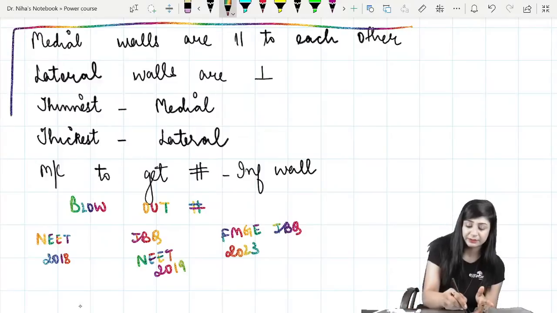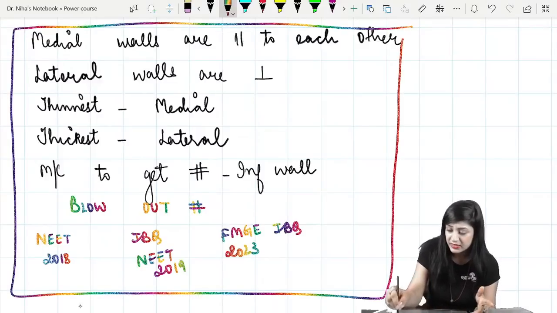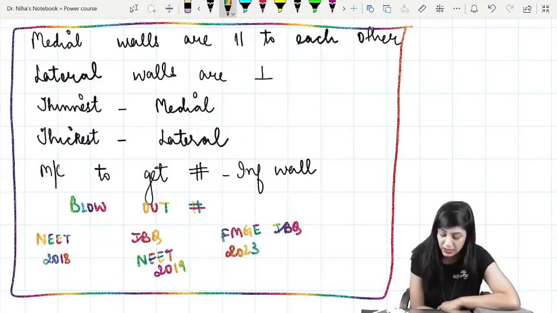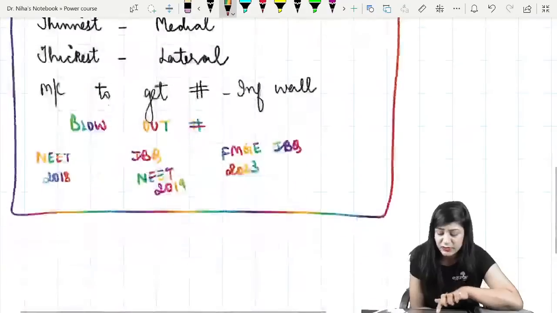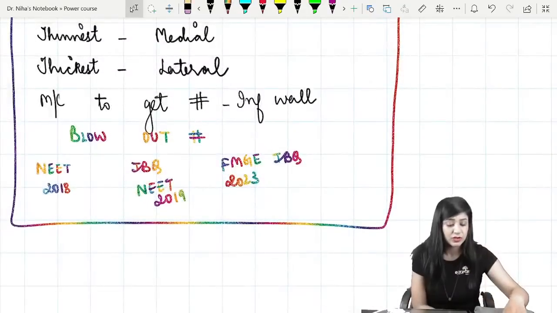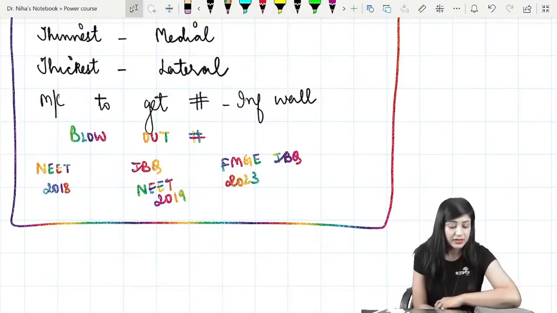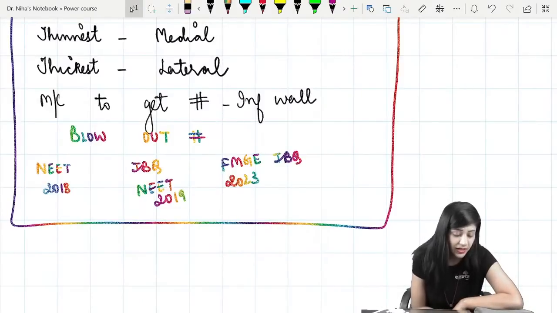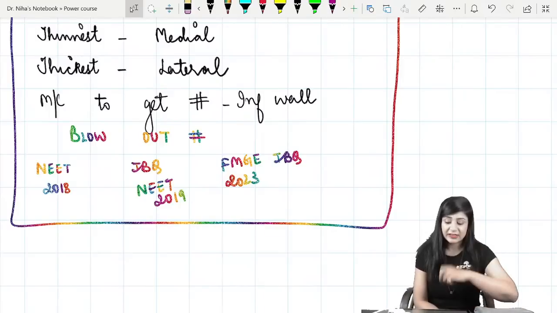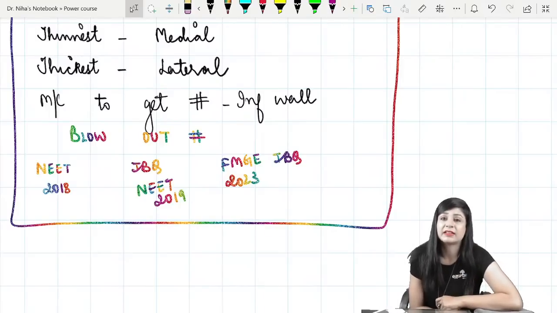So very, very commonly asked. Blowout fracture. Yes, all of you have given the right answer. All these are very, very important questions regarding the orbit.